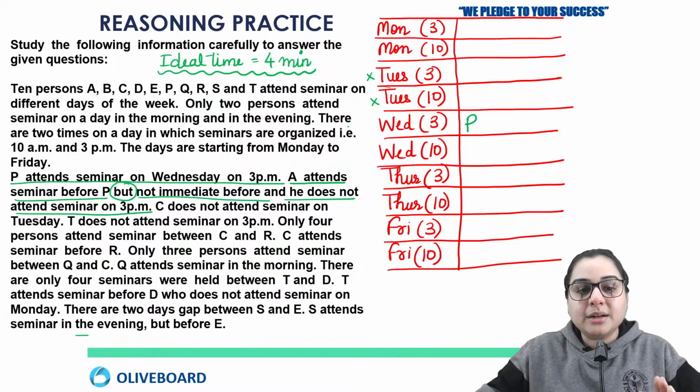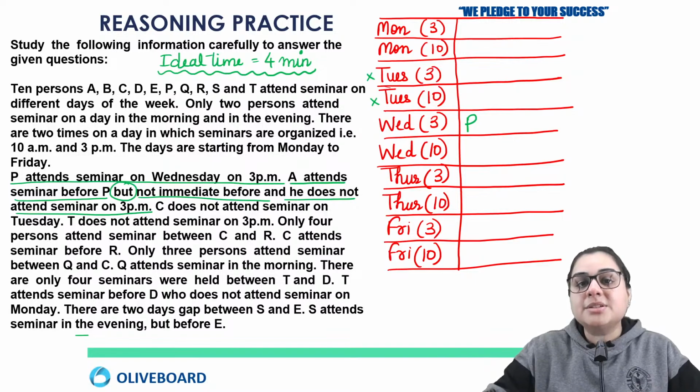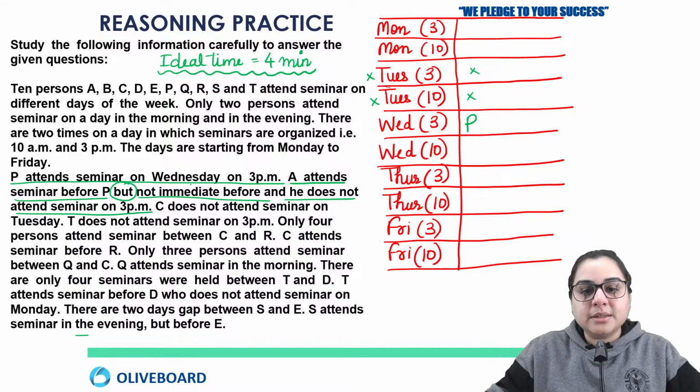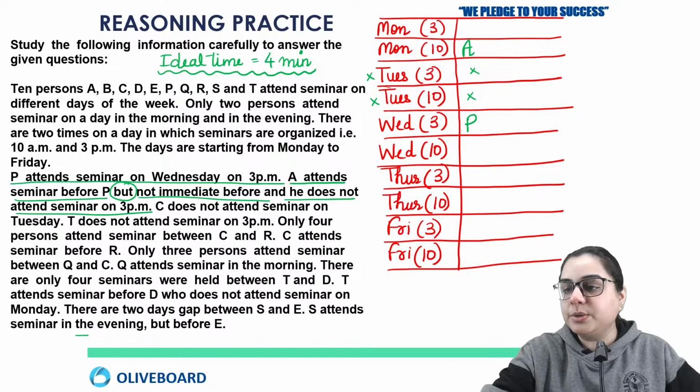A is not attending on the day which is immediately before, so on both these spaces I cannot write A. And also, A does not attend seminar at 3 p.m. So we are certain that A will come here. This is how you have to solve this question. I hope you have understood this line.